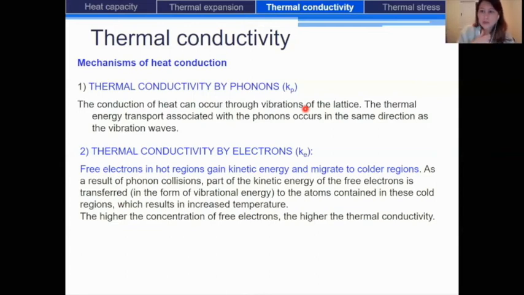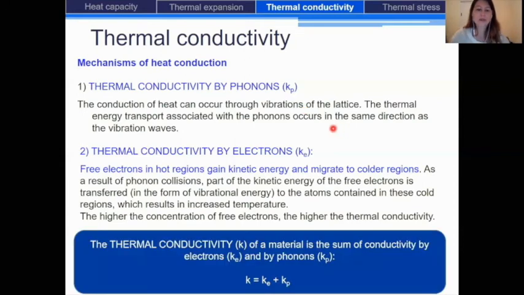And so this transfer is represented by the thermal conductivity due to electrons, Ke. The higher the concentration of free electrons in the material, the higher will be the thermal conductivity due to electrons. And so the thermal conductivity K of a material is the sum of the conductivity by electrons and by phonons.